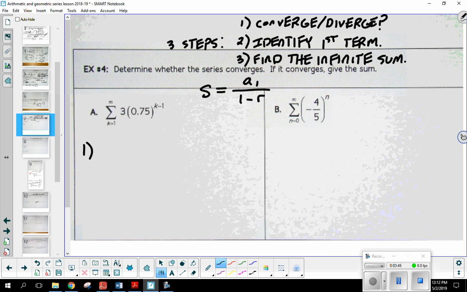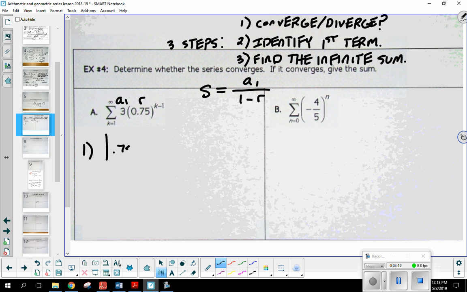The formula we have here is coming from a geometric sequence. That scalar is your first term. It depends on the power, and in this case, because it's k minus 1, that's going to be your first term. R is going to be that base right there. To answer the question, does it converge or diverge, take that common ratio r.